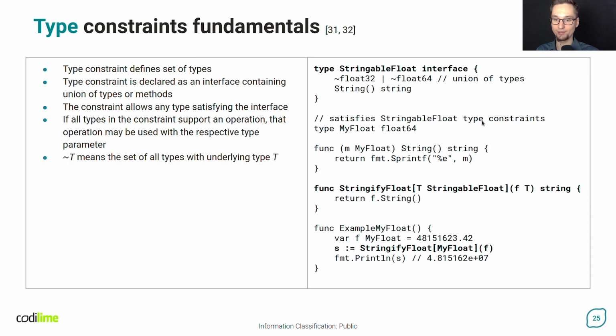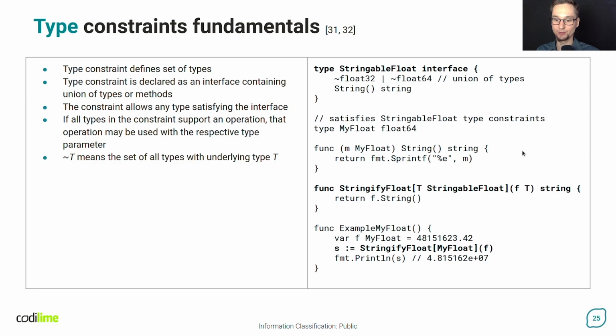And below we have a defined type that implements such a constraint. This is type myFloat, whose underlying type is float64, and it has a defined method String.